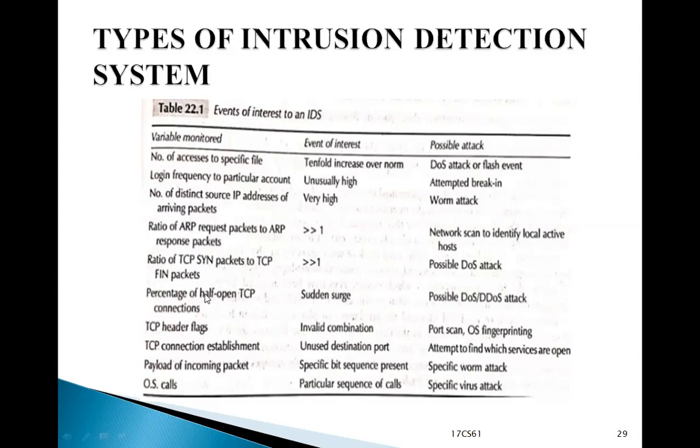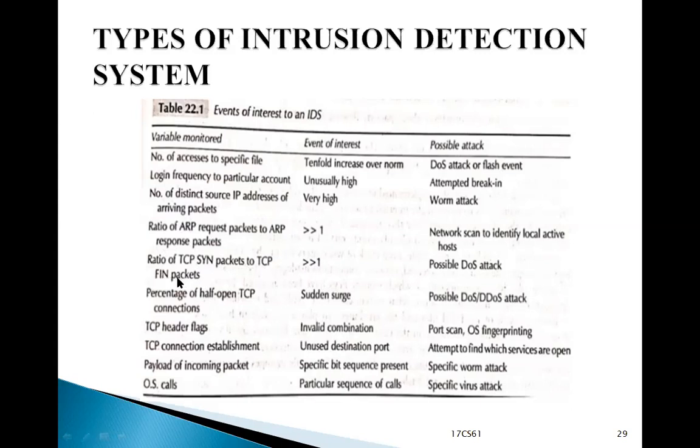So to have a brief discussion here, the ratio of TCP SYN packets to TCP FIN packets, again, if it is not equal to 1, then there must be something wrong in the system. These two are flags actually. If the SYN flag is set, then it is permitted to send the SYN packets.